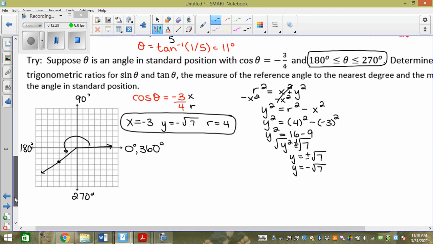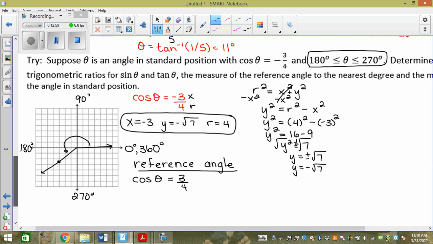So my reference angle comes from cos theta equals negative 3/4. But what am I going to use? Cos theta, I can just use cos still, but it's going to equal 3/4. I always use the positive. Have I ever not used the positive? No, I always use the positive.